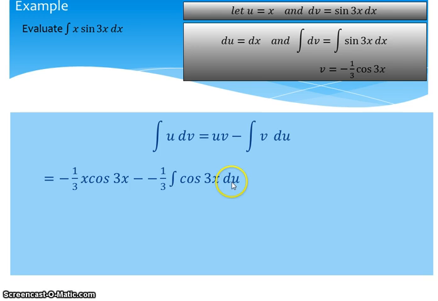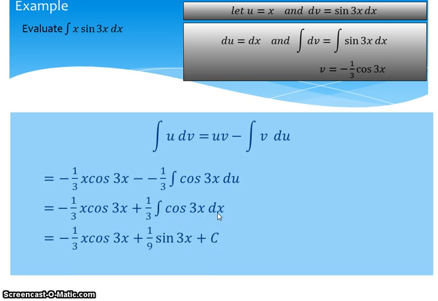Now, since du is the same as dx, I can rewrite this expression using dx. Now I've got to integrate cos of 3x with respect to x, which is much easier, and it can be accomplished. So my final answer: negative 1/3 x cos of 3x plus 1/9 sine of 3x plus c.